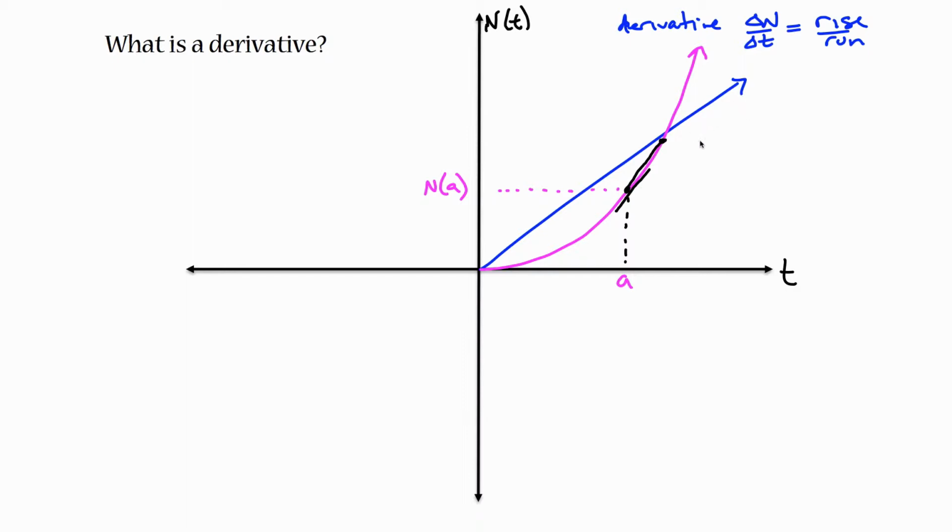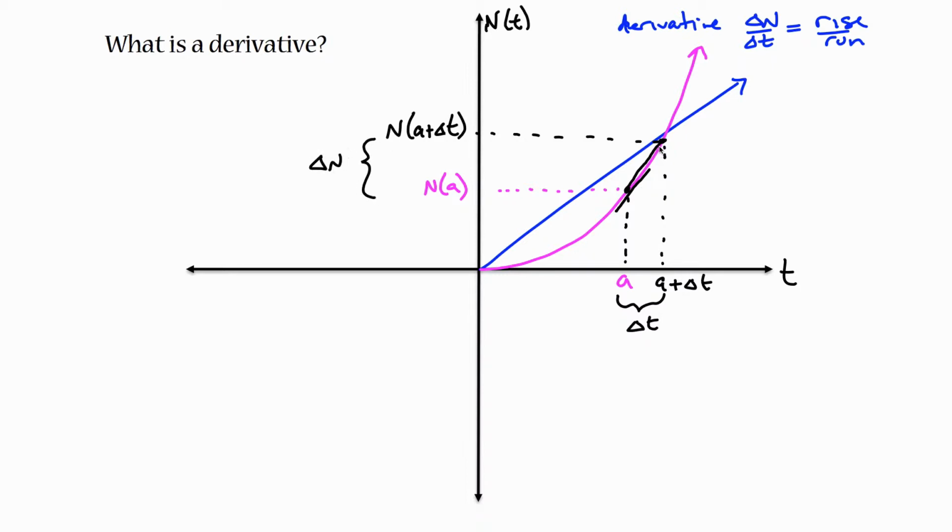So the slope of my secant line, I should define my other point here. The other point on my secant line is going to be at time A plus some change in t. So this distance is the change in t. And the value of n at that point is going to be n at A plus the change in t. And this distance is going to be the change in n.